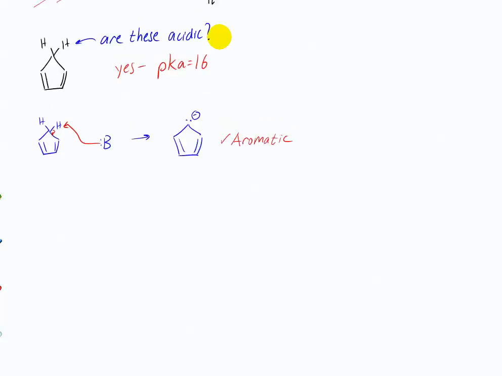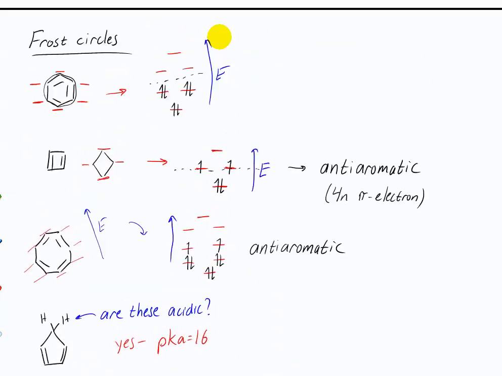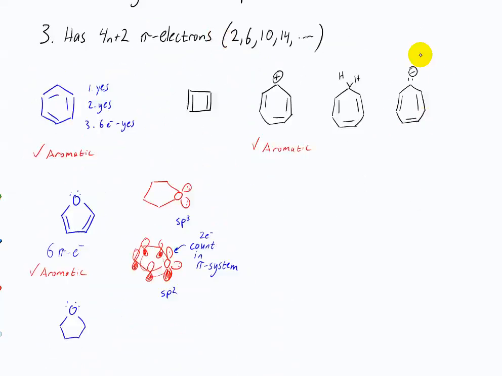Let's go back to the one we saw before. Let's talk about this cycloheptatrienyl anion. Based on this anion, would you expect cycloheptatriene to be acidic or not? No, it's not aromatic. What is it? The 8 pi electrons.